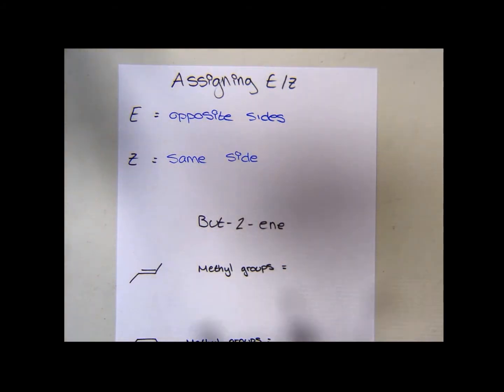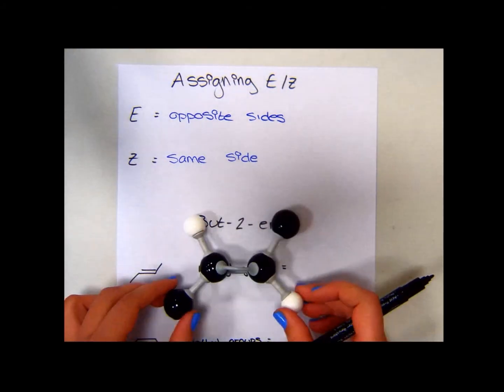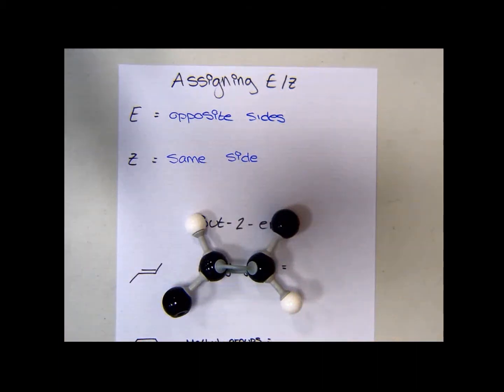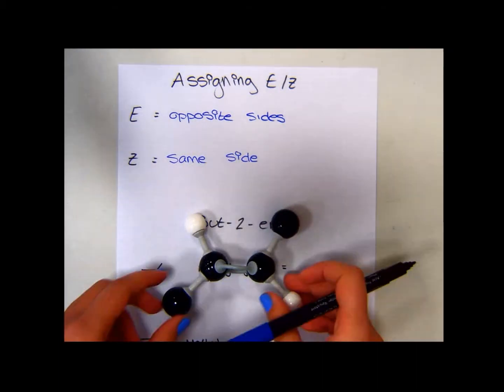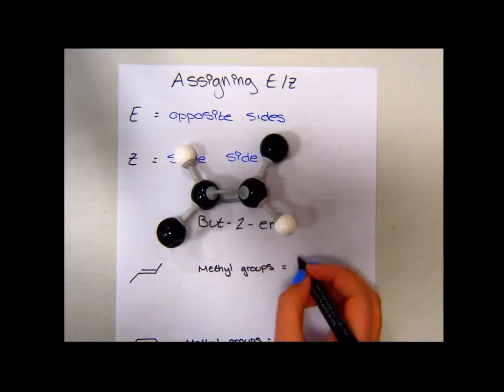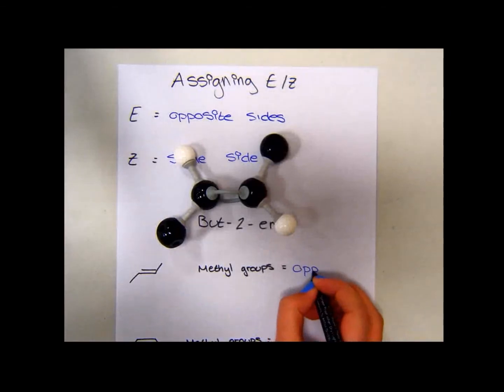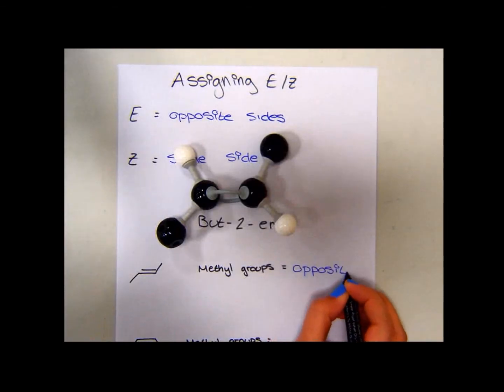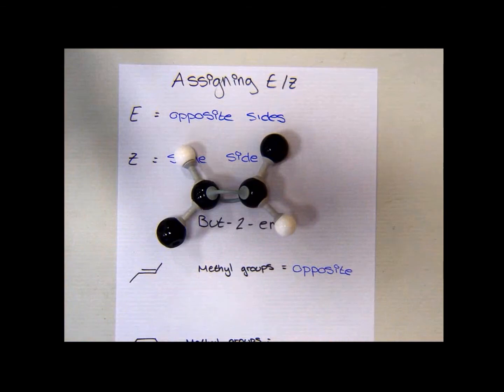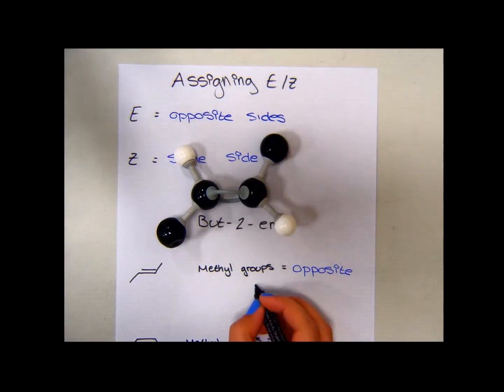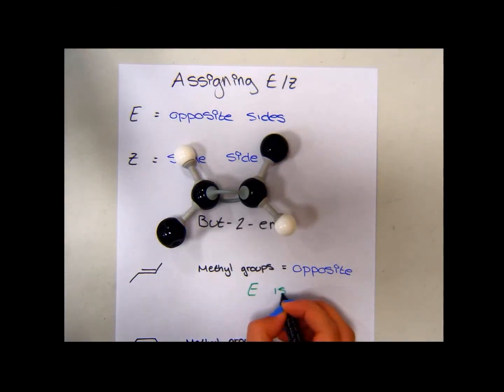The first isomer looks like this. As you can see, the methyl groups are opposite each other, because we have one below and one above the double bond. Knowing about E and Z, we can assign this as the E isomer.